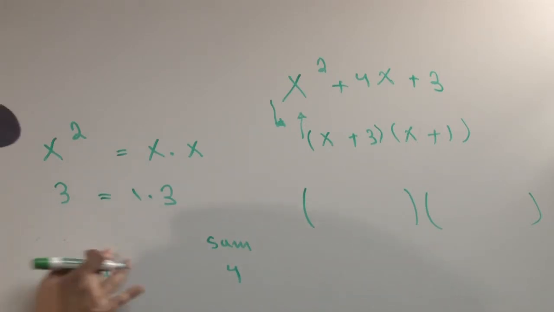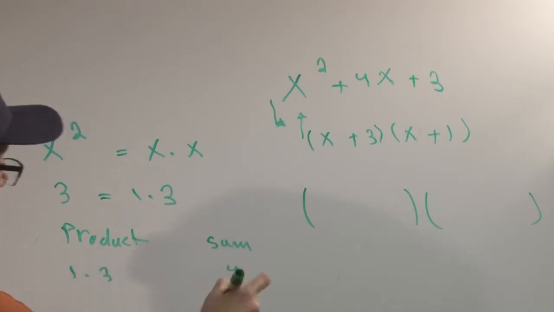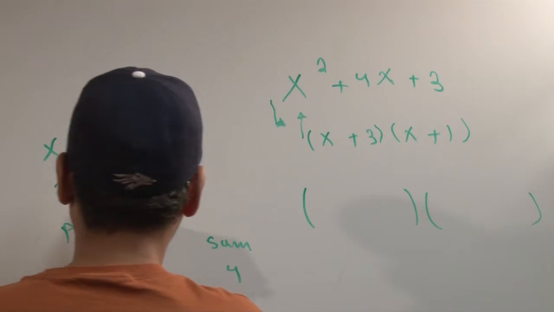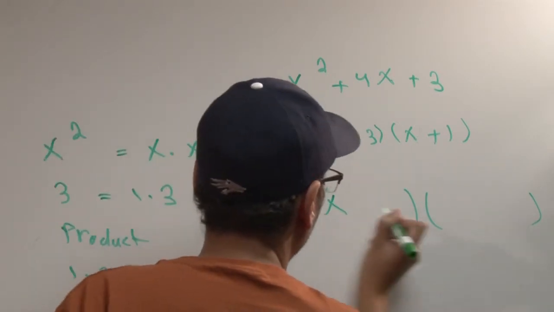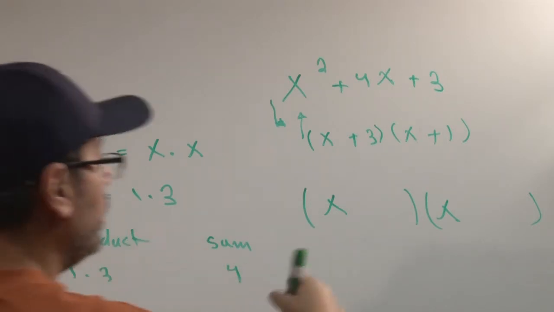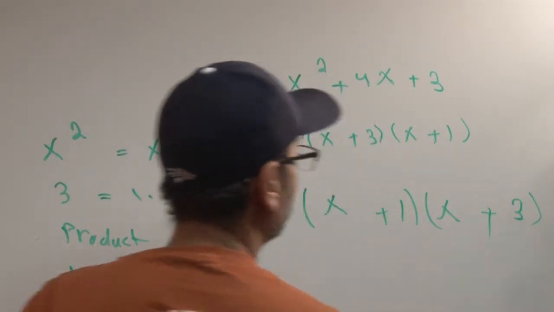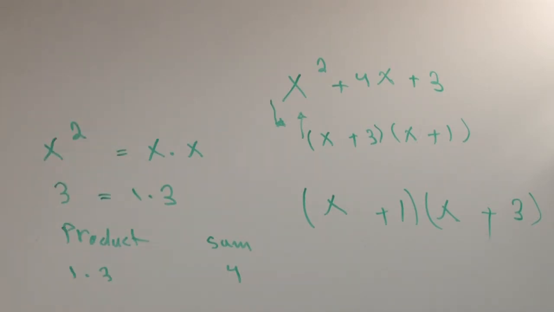So let me say this is the product, and this is the sum. So here, this is x, and this is x. This is 3, and this is 1. That's it. Let me take another example.